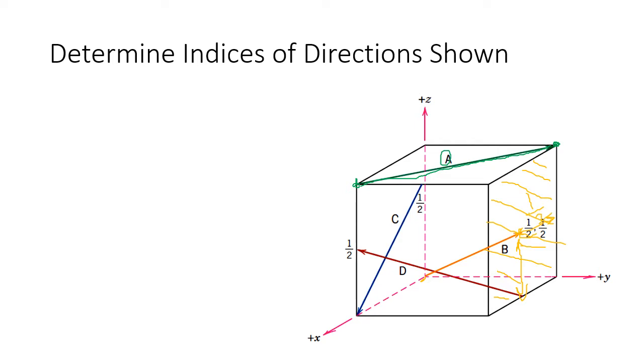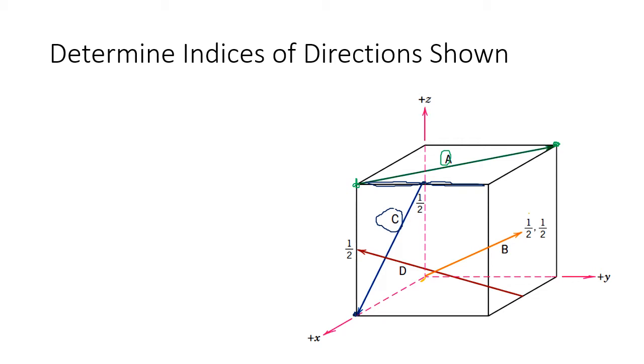Then, let me clean this. Okay. Then direction C. So direction C is here, and it originates from the middle or the center of this edge of the unit cell, and it terminates at this corner of this unit cell.